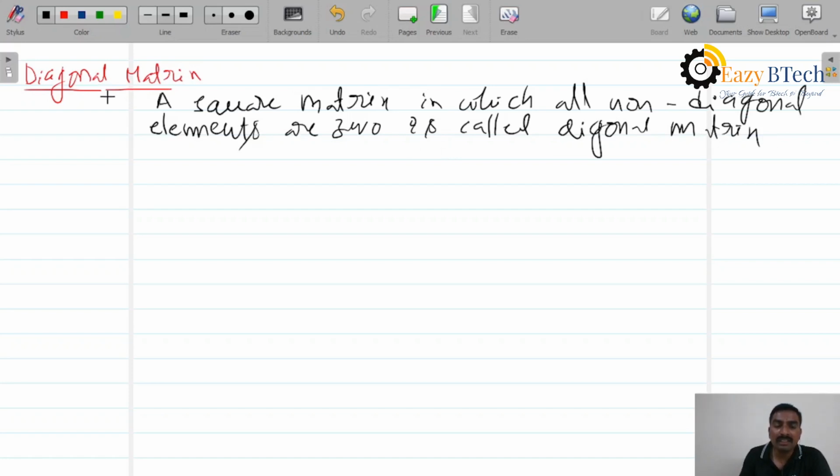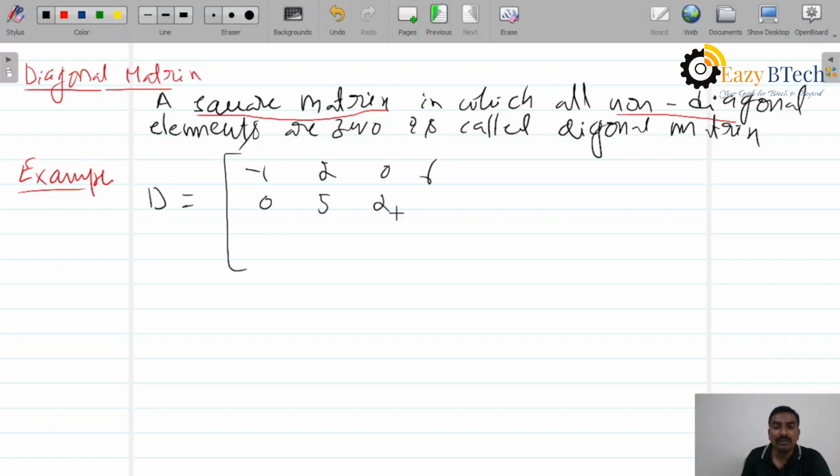But before discussing this definition, first we have to understand that we have to see only the square matrix. This is very important. And non-diagonal, we already discussed diagonal in the last example. Now what is the non-diagonal? See this example. Suppose some matrix D equals -1 2 0 6, and 0 5 2 3, and 3 4 -2 7, and -1 4 0 0.